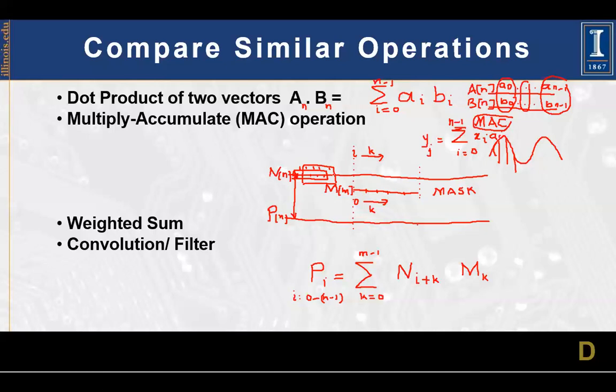Like the previous case, we carry out again the MAC operation or dot product operation between these sets of elements, and whatever the answer of this dot product is, we put it in the next position, because now our window was placed starting from this position, so we put the answer wherever we had put the start point of the window, and we keep sliding this window of filter or weights.